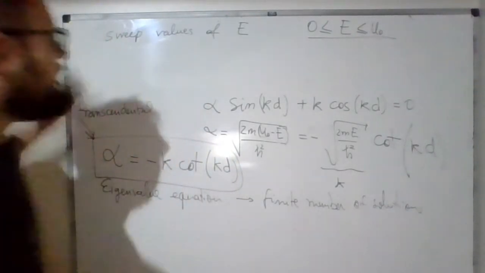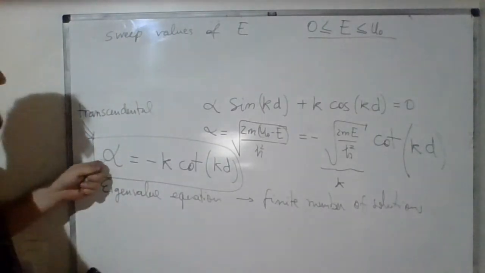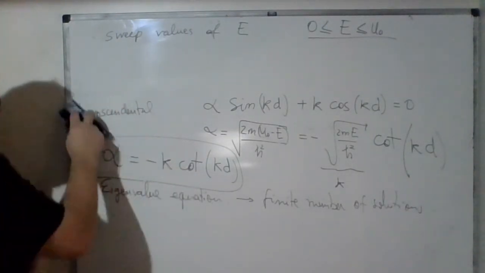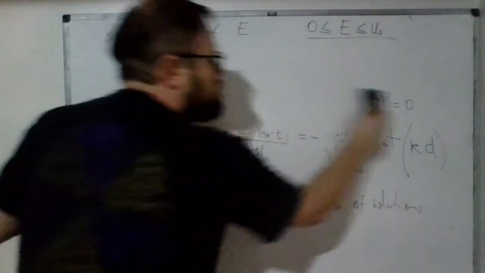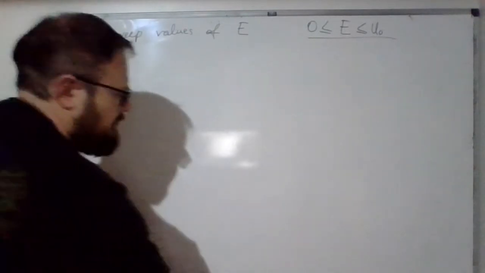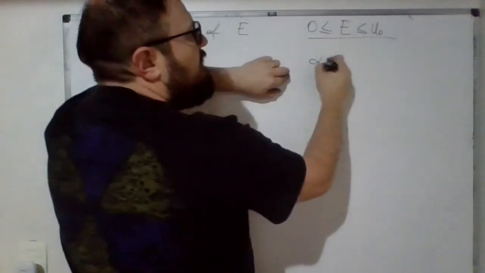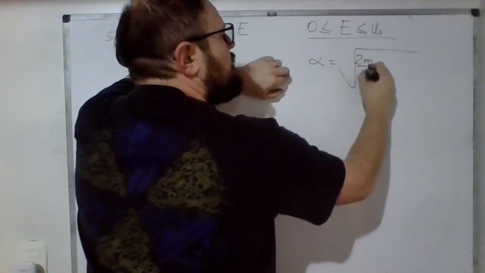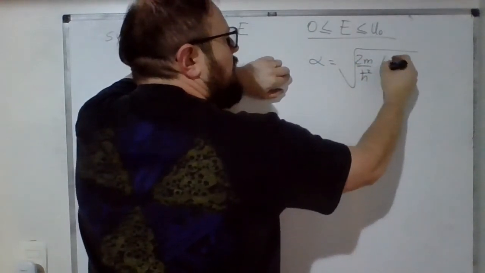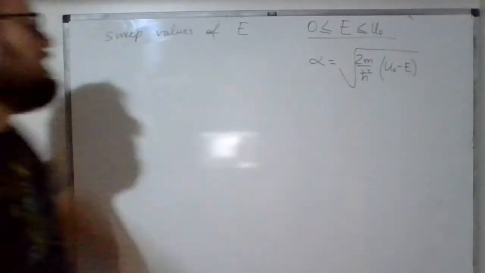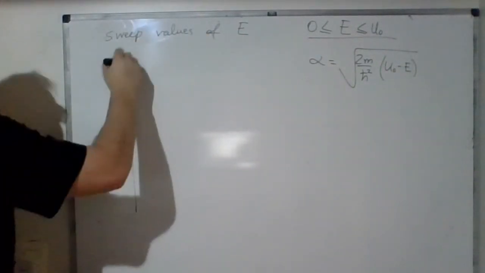And graphically, you can make a plot in a computer, all right? A graphical representation will be the following. Because remember, alpha is equal to some constant times the square root of U naught minus E. You can plot the functions.